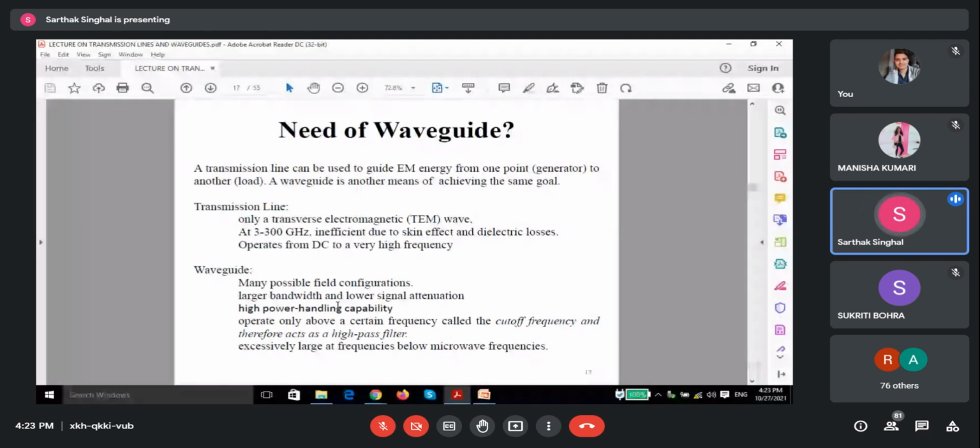Since the waveguides are made up of only a single conductor and the thickness of the metal is larger, there will be low losses. In addition, the power will be transmitted due to the reflection in the free space between the conductor walls.